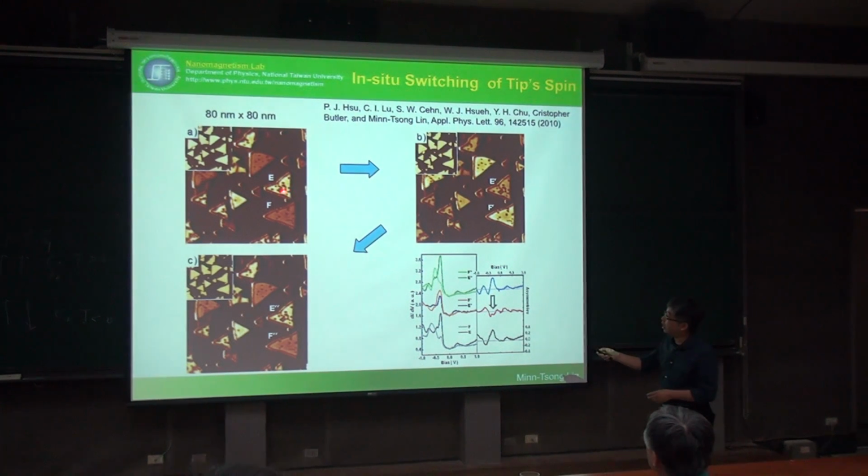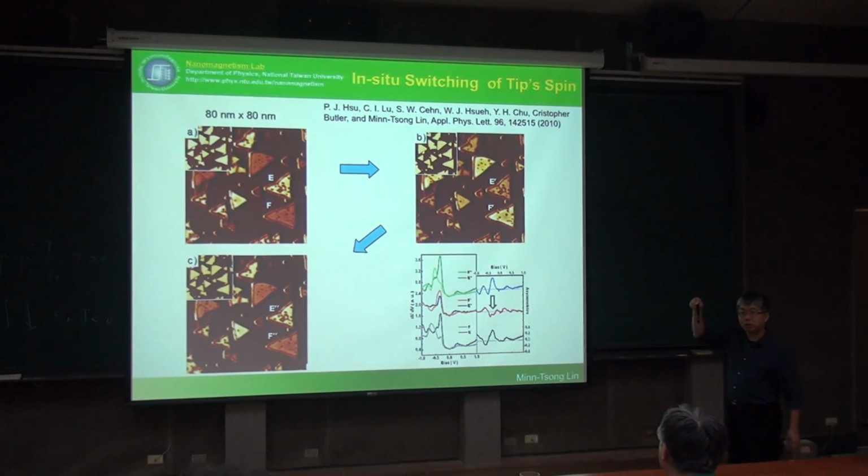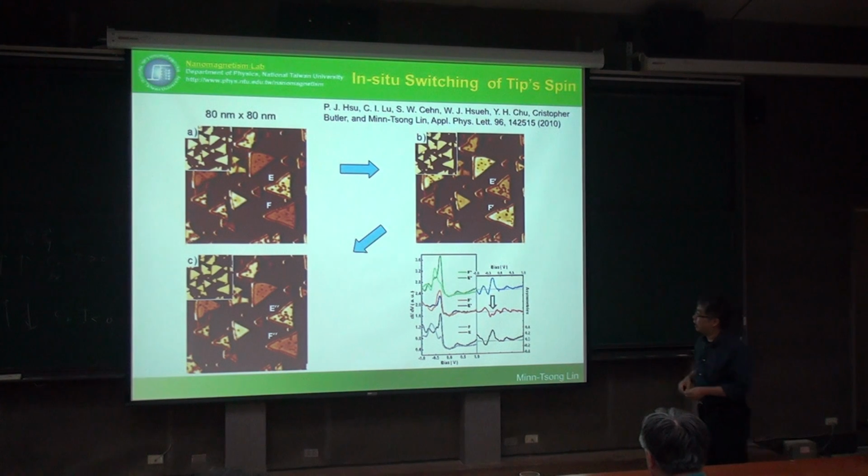At the beginning you have black and white, which represent different spin orientations, and we switch the spin of the tip. You can switch the contrast, very similar to switching the circular polarization with synchrotron radiation. However, it's difficult. The way is simply to go very close to the sample without crashing the tip.